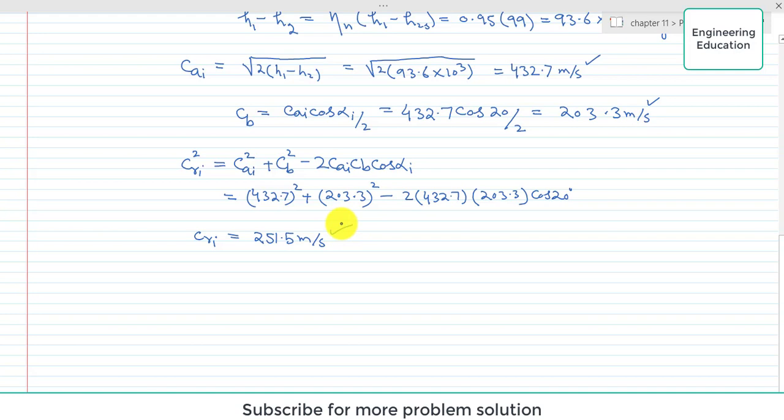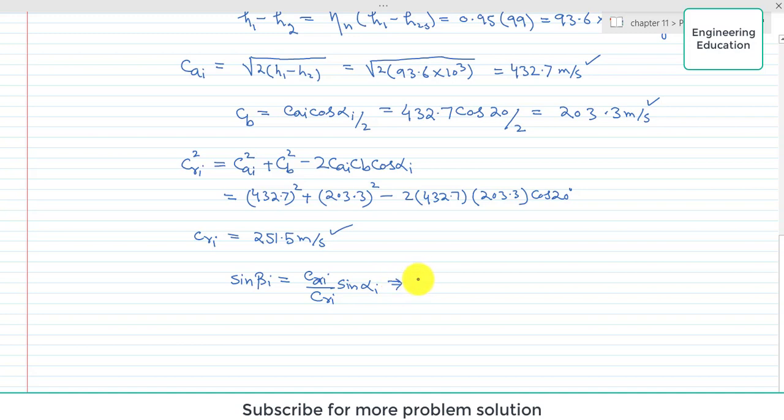Also to find the blade angle, we have that sine beta I is equal to CAI by CRI sine alpha I. Here we implemented the cosine law and the sine law.